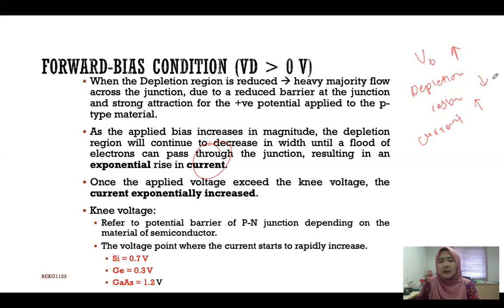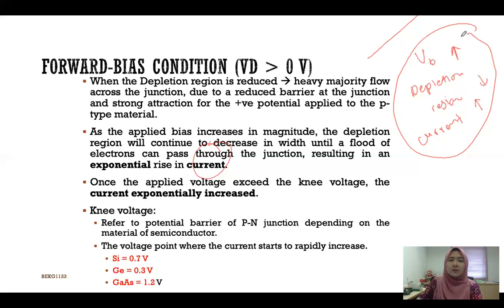So once the applied voltage exceeds a knee voltage, later I will explain what a knee voltage is, the current increases exponentially. So this is what happens in a forward bias condition. The knee voltage refers to the potential barrier of a p-n junction depending on the material of the semiconductor.